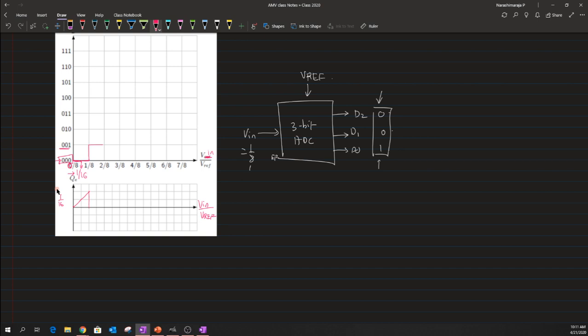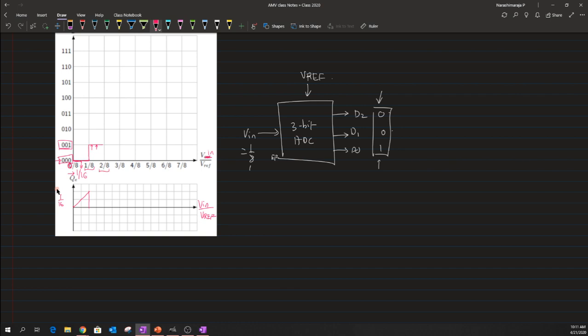But again, when I increase the value of Vn beyond 1 by 8, these values will still be mapped onto the same output data of 001, for any value less than 2 by 8.